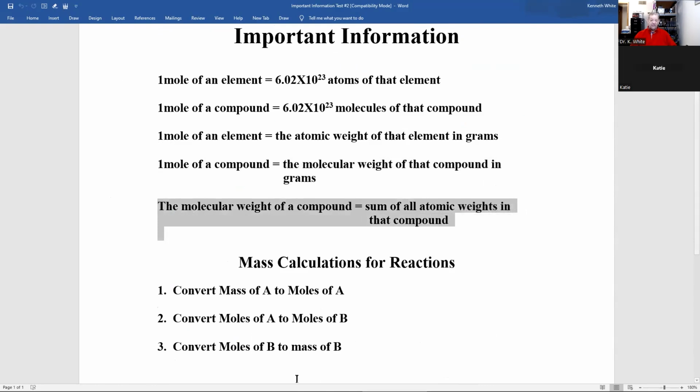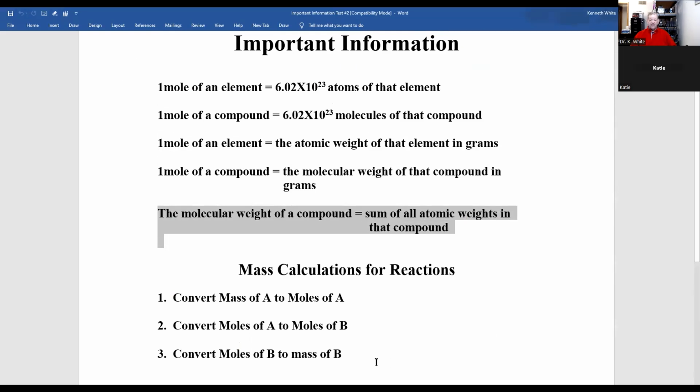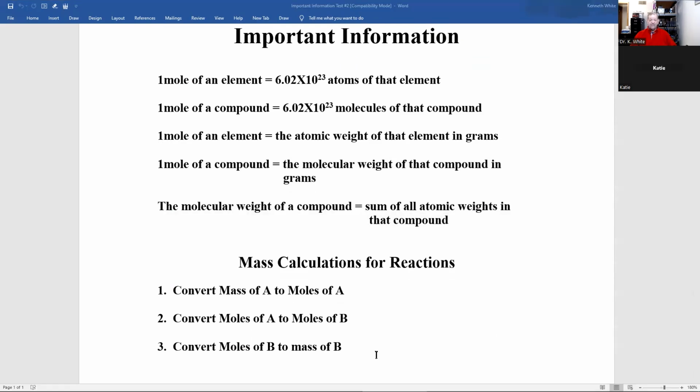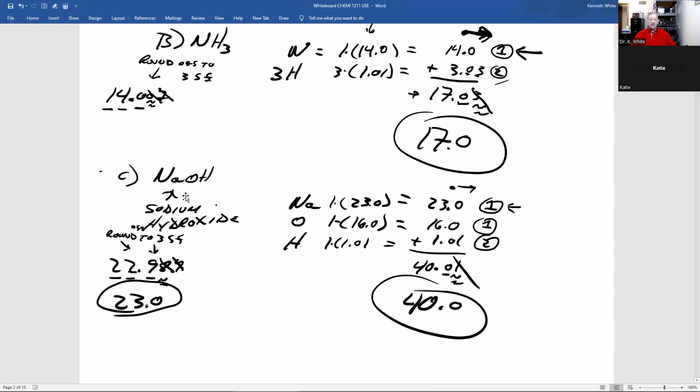And as we calculated earlier, the molecular weight of sodium hydroxide is 40.0. So to get 1 mole of sodium hydroxide, you would weigh out 40.0 grams. That's not hard.